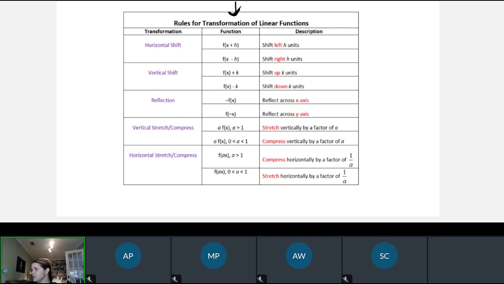Am I adding something in the parentheses? Am I subtracting? Am I adding something outside the parentheses? Am I making it negative? Am I adding a different slope to it? So you're going to look and see what's happening. Then you're going to write a sentence like, this is a vertical shift up however many units. You're just writing a brief statement about what is happening to the original parent function, if that makes sense. If you want to write something, I can look at it and let you know if you're on the right track.